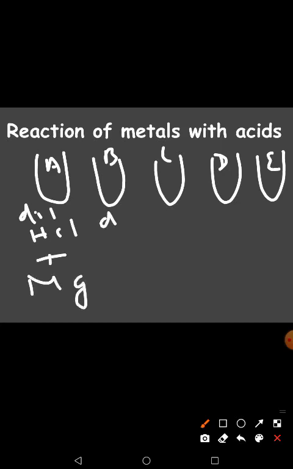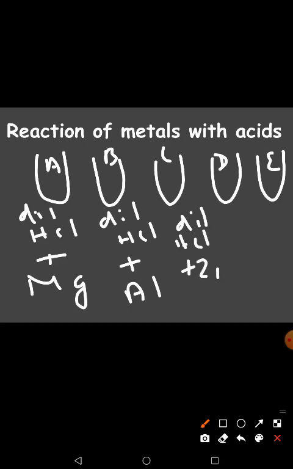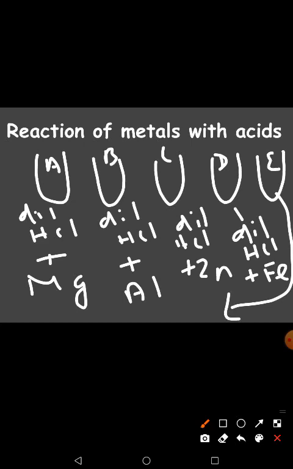Test tube B will have dilute hydrochloric acid, and in that you are going to put your aluminium. In test tube C, dilute hydrochloric acid is already taken, and in that you are putting zinc. In test tube D you will take dilute hydrochloric acid with iron, and test tube E will have dilute hydrochloric acid, and in that you will put copper.